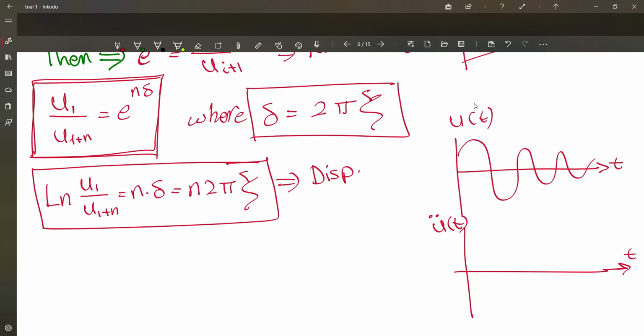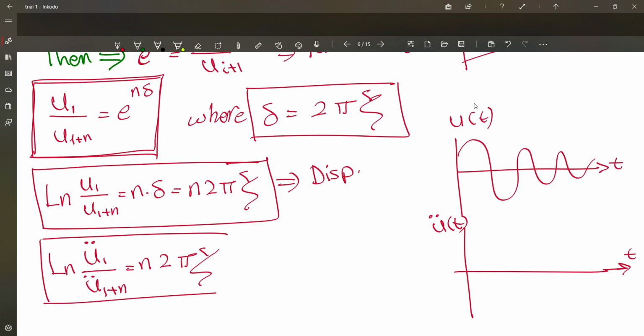Then we can repeat exactly the same ln, but we say u1 double dot over u double dot 1 plus n equals n 2 pi psi. The same also. This is for acceleration, if we are going to talk about the acceleration.